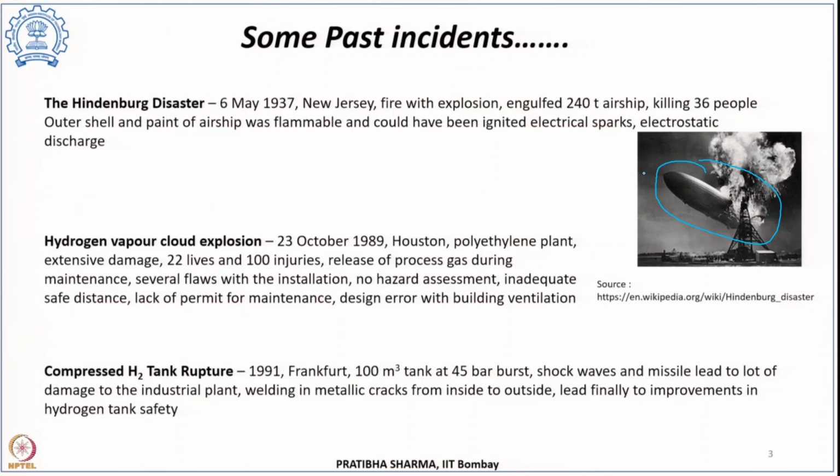This electrostatic field is unavoidable. Whatever paint was used on that airship, it was grabbing that electrostatic energy. You know that when we rub our hands, it generates electricity in terms of electrostatic force, an electrostatic field, due to friction.